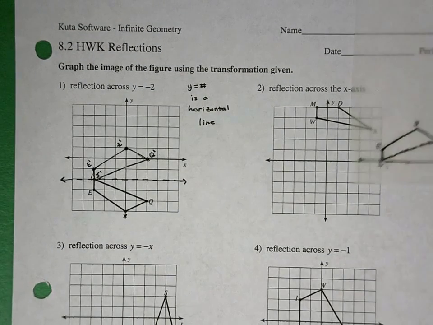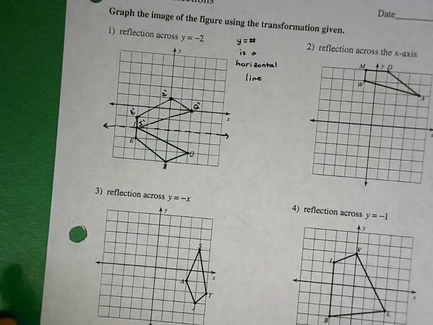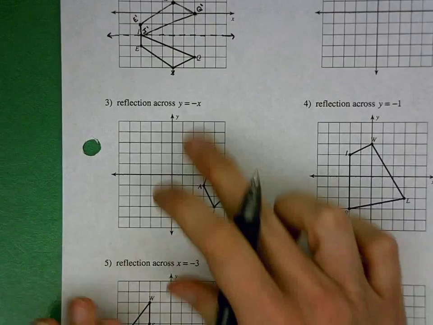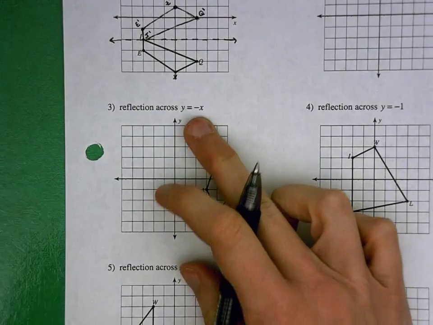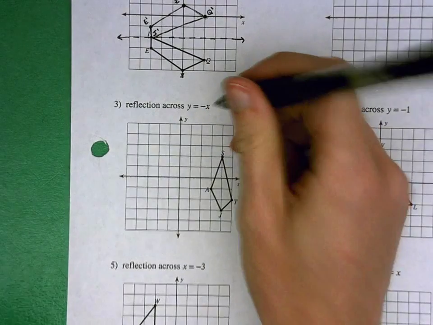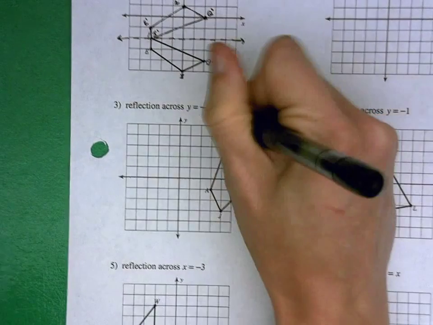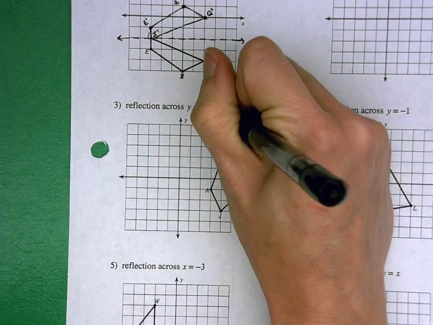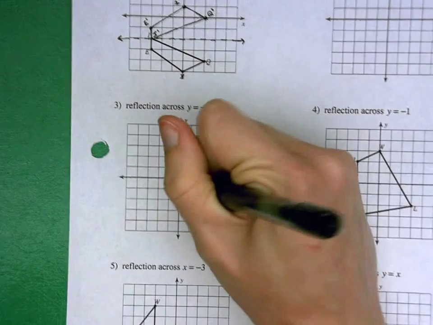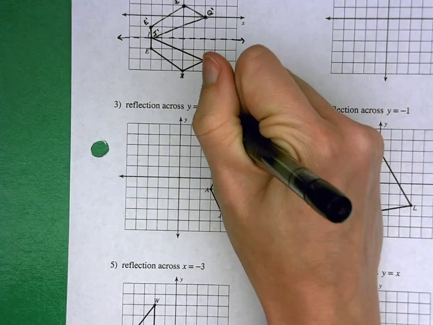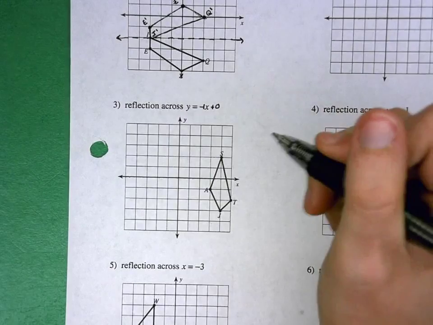Okay, so we're going to do a couple more here. Reflecting across y equals -x. This line here, y equals -x, our line of reflection is in y equals mx plus b form. My b, in this case, is 0, which is where I'm going to start. And my m is -1, which means I'm going to go down 1 over 1.